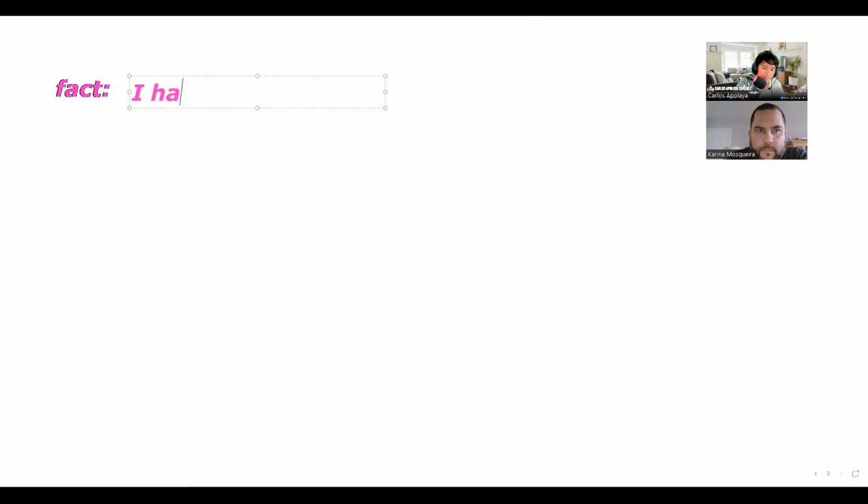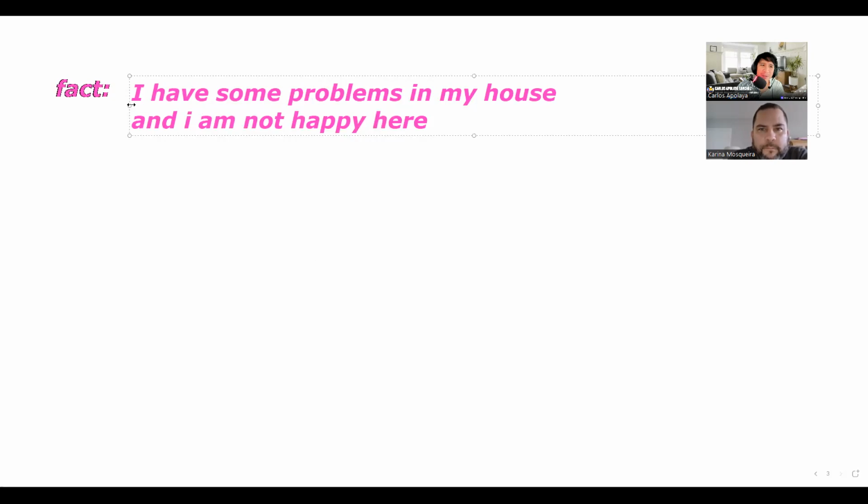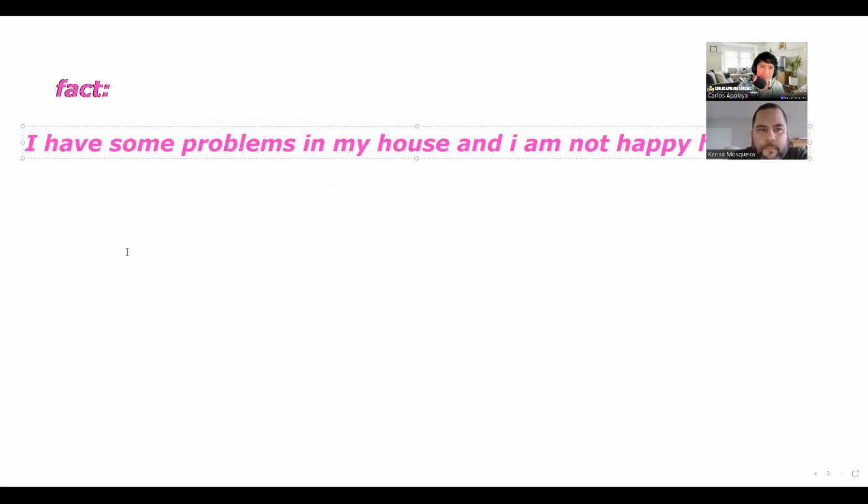I have some problems in my house, and I am not happy here. I have some problems in my life and I am not happy here. What is the situation? Analyze.